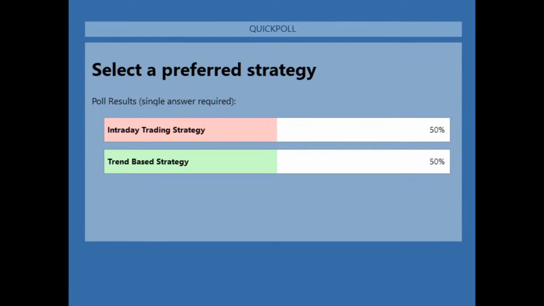Okay, looks like there is a tie here. 50% of you opted for an intraday trading strategy and 50% of you opted for a trend-based strategy. So I'm going to explain a trend-based strategy so that the trend-based strategy can also be deployed for an intraday trading scenario.